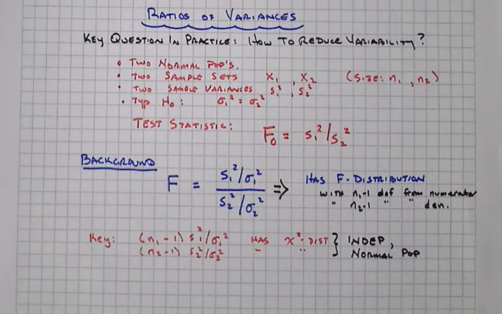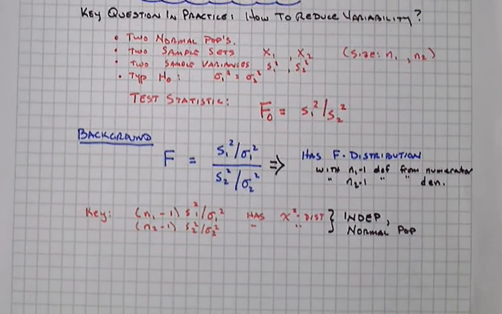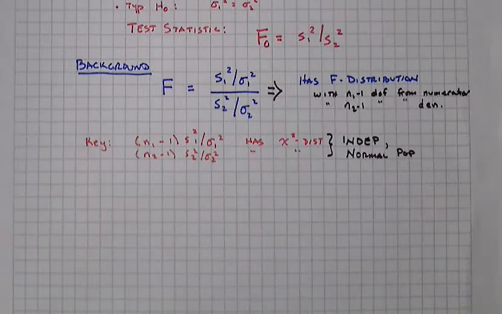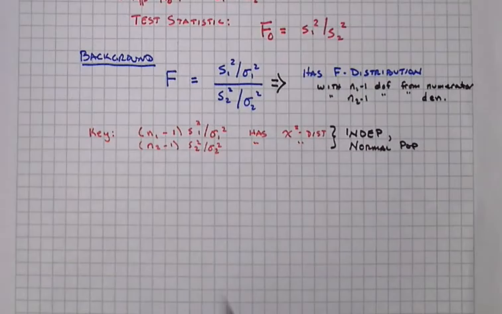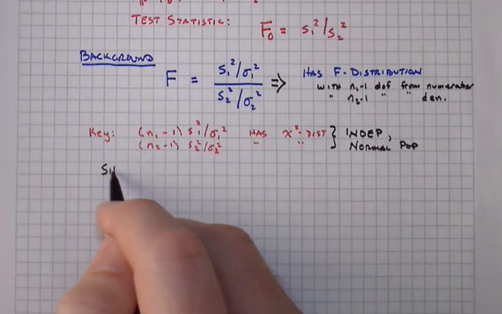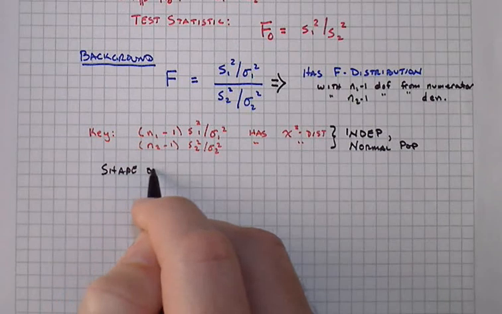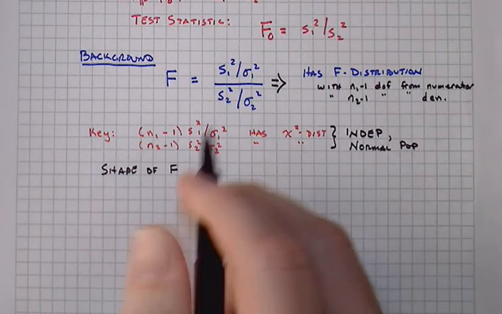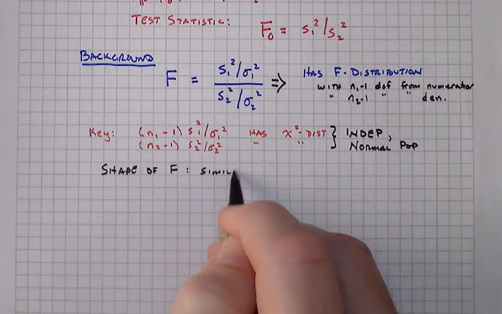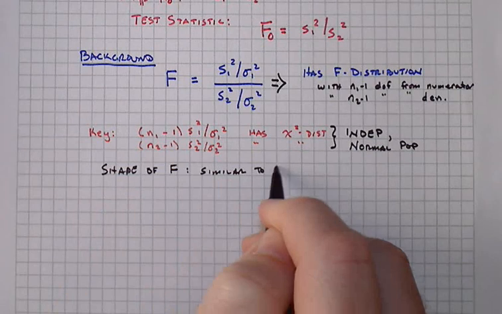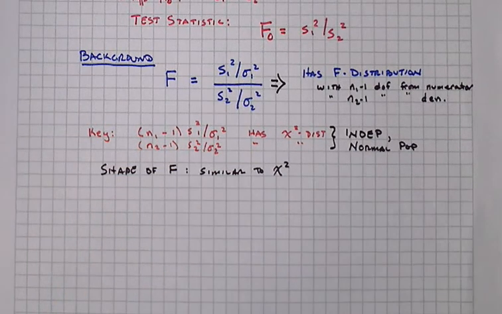Right, now, one more thing before we head off into the numerical example, and that is that the shape of the F distribution is similar to the chi-squared, but it actually ends up with more flexibility because we have now multiple parameters.